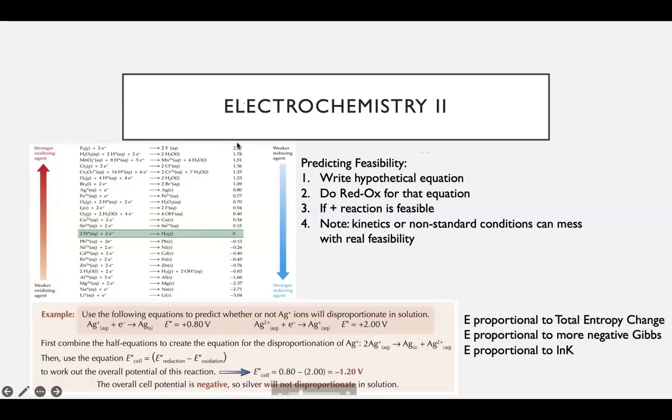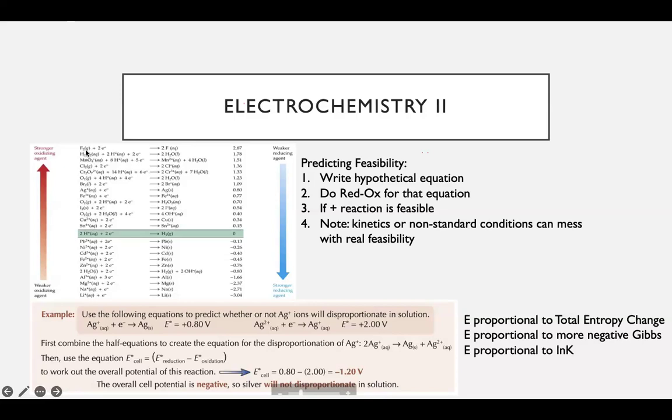The more positive the value is, the more it likes to go in the forward reaction. So fluorine, as you can see, has a really strong positive standard electrode potential. So it really likes to react and get reduced. Remember what I said, something that really likes to get reduced makes an amazing oxidizing agent.